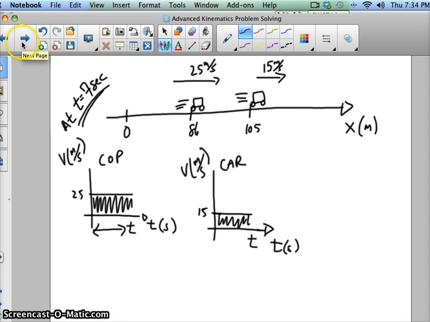Well, the cop is going to travel however far the car travels, plus an additional, whatever 105 minus 86 is. So the cop's got to travel 15t plus 86 meters.